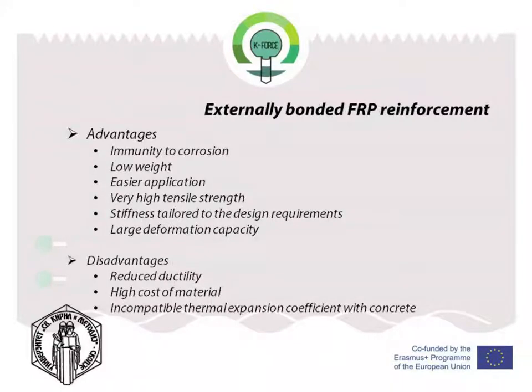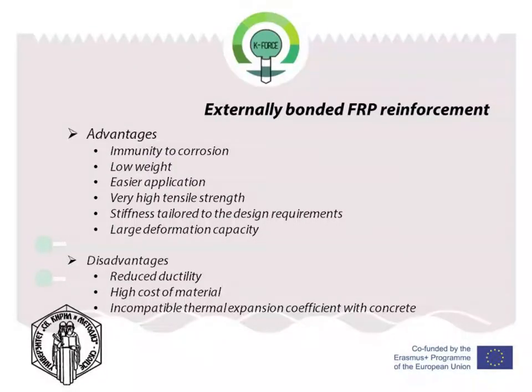requirements. The reasons why composites are increasingly used as strengthening materials of reinforced concrete elements may be summarized as follows: immunity to corrosion, low weight, easier application in confined space, reduction of labor costs, very high tensile strength, stiffness which may be tailored to the design requirements, large deformation capacity.